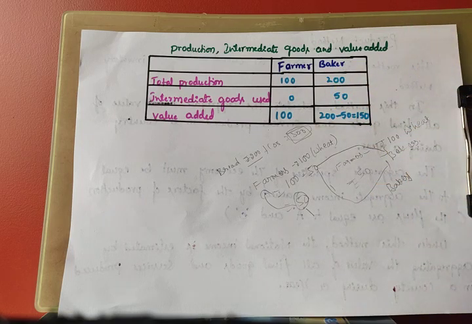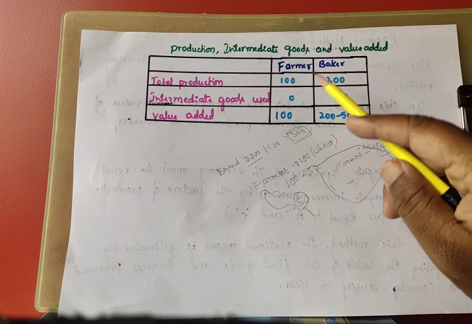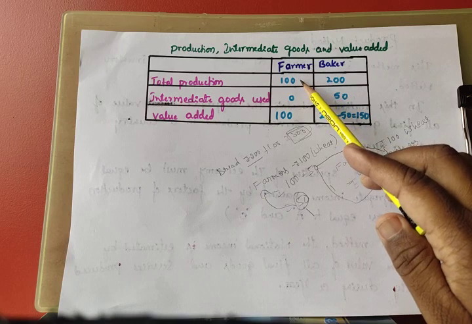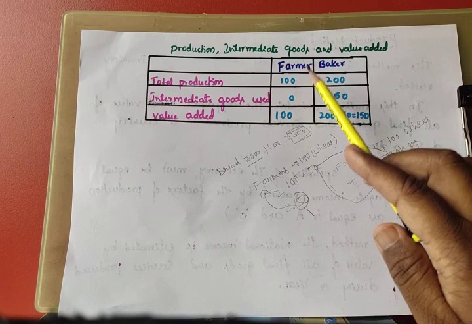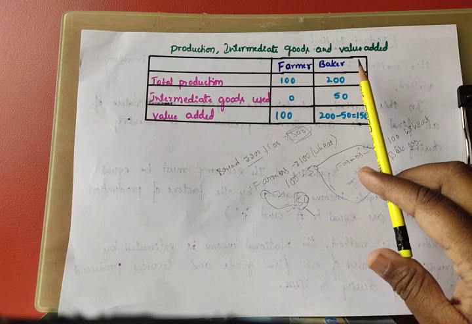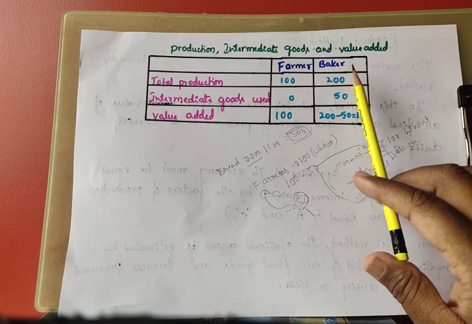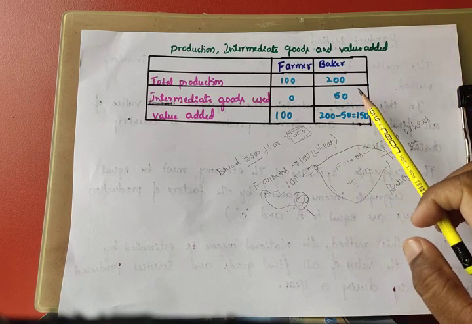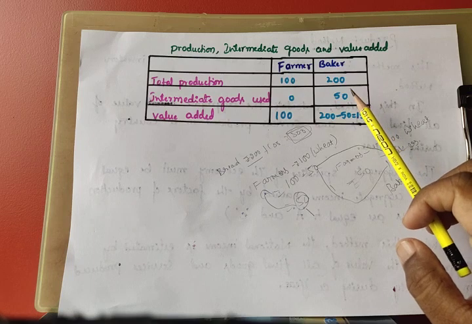But farmers, without using any raw material, using only their labor, that is not calculated as an intermediate good. They produced wheat worth rupees 100, but bakers produced bread worth rupees 200 using wheat worth rupees 50.